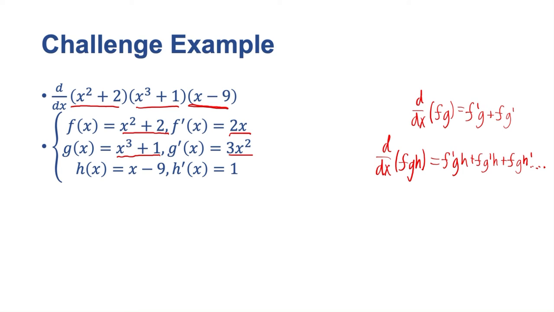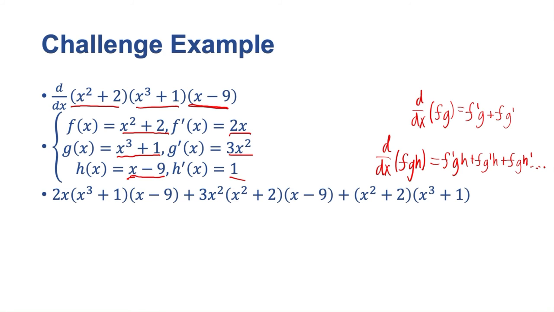And then h of x, which is x minus 9, my derivative of h is going to be 1, because we just have x here. When we reduce that power, we just get 1. So we have everything set up. Now we're going to plug it in, and we're going to need to do a lot of foiling here, and then some more distribution after that.